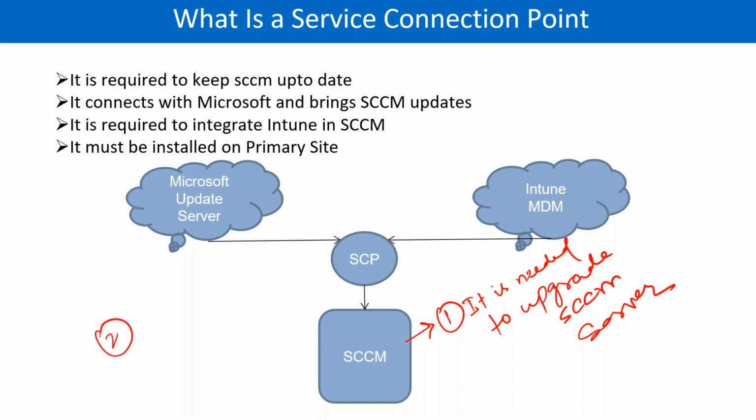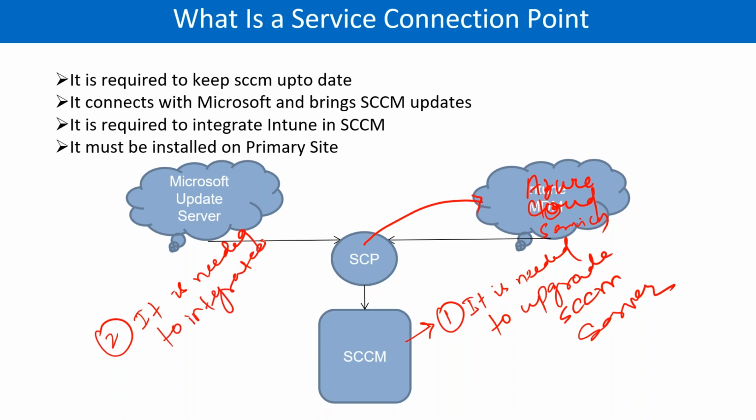Point number two, it is needed to connect with Azure services. Instead of Intune, now we have Azure Cloud Services. So point number two is it is needed to integrate Azure Cloud Services in SCCM.